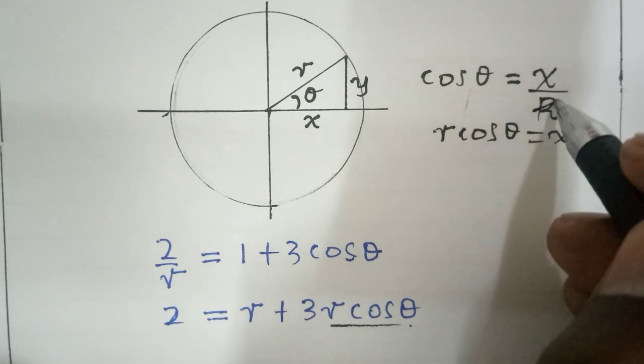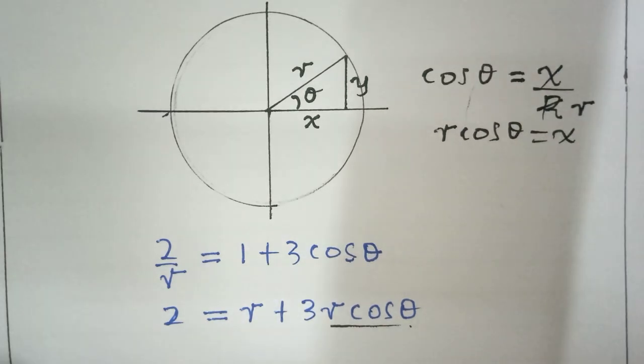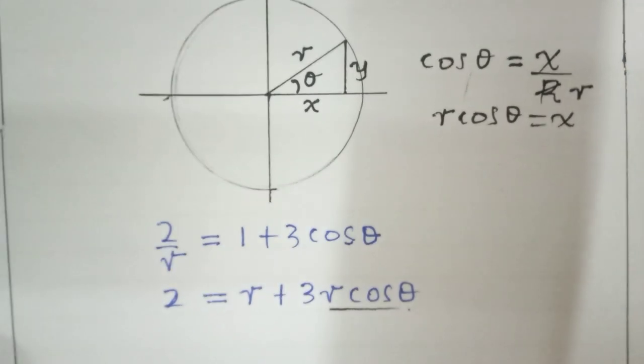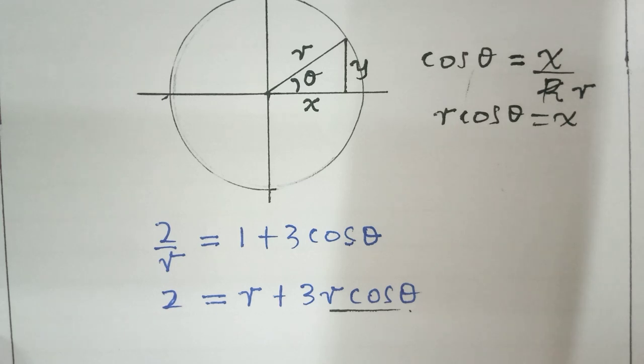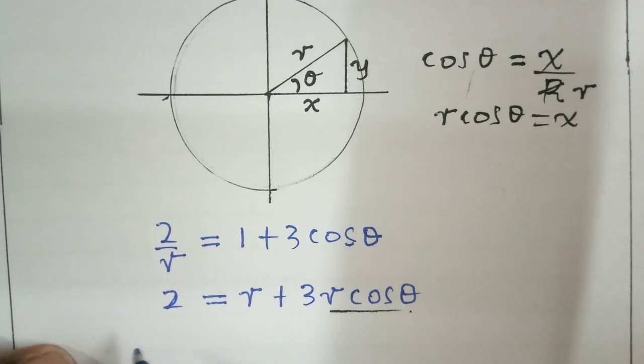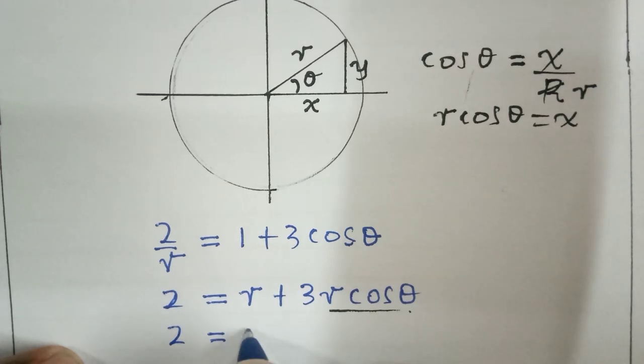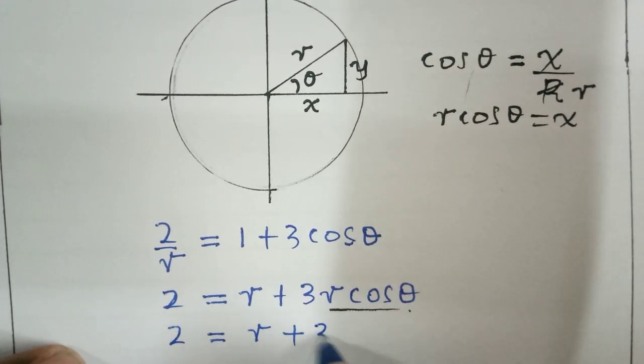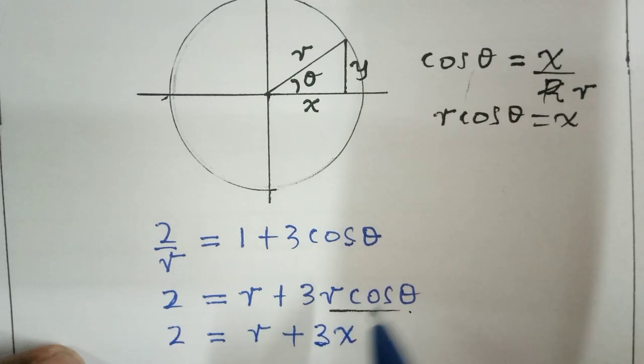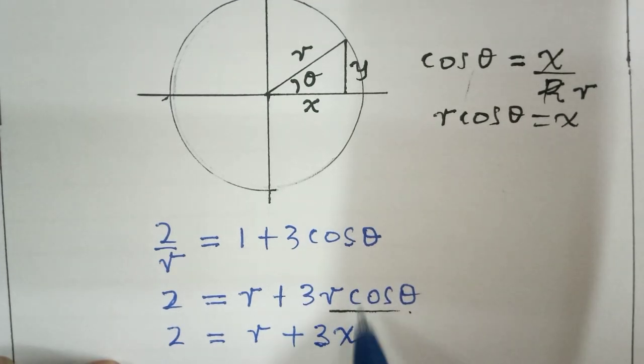And so guys, we can now replace our r cos theta with x. So we shall have now 2 equals to r plus 3x. This x here is the same as that.